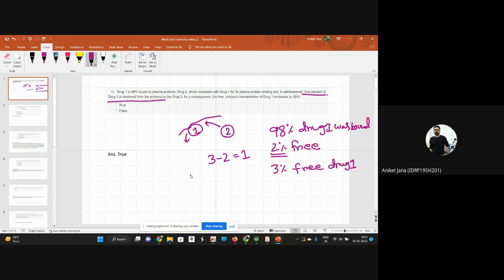If we apply the unitary method, there is an increase in the free drug of 50 percent. So our statement is true.